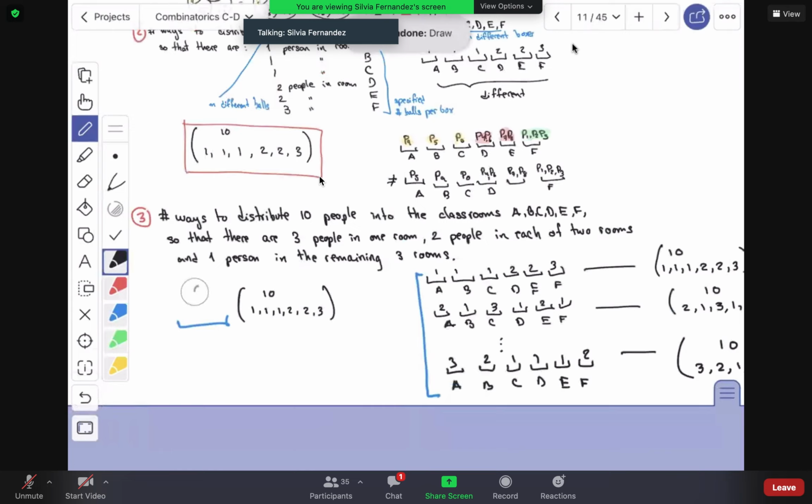6 factorial over 3 factorial, 2 factorial, 1 factorial. This is the number of rearrangements of 3 1s, 2 2s, and 1 3.